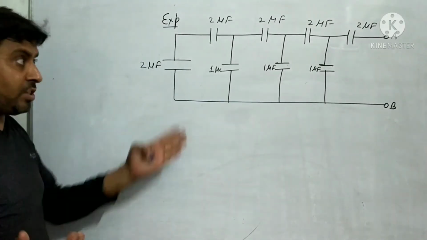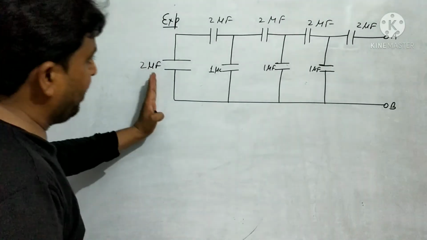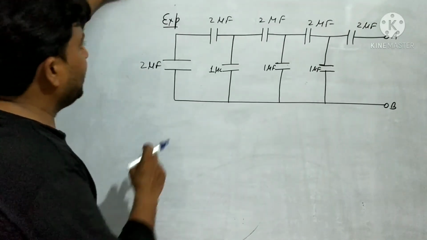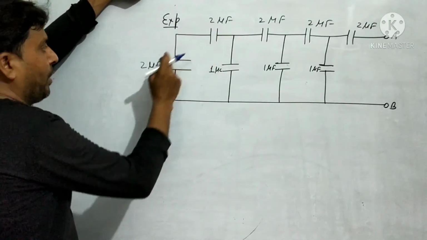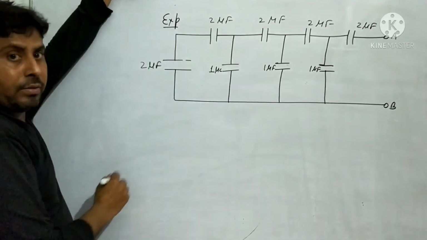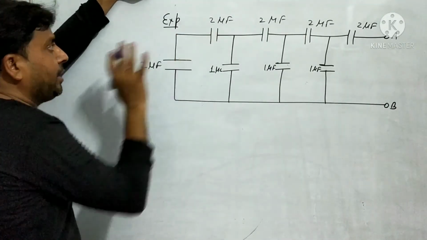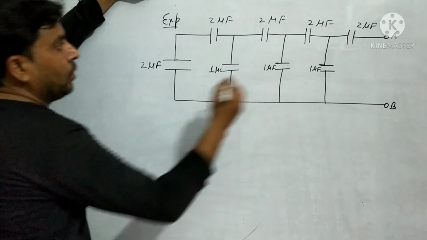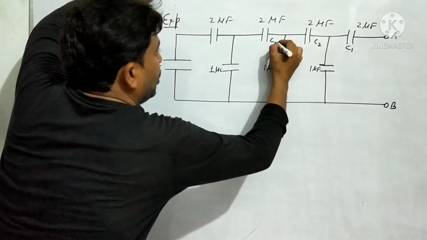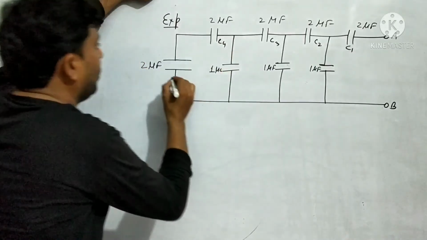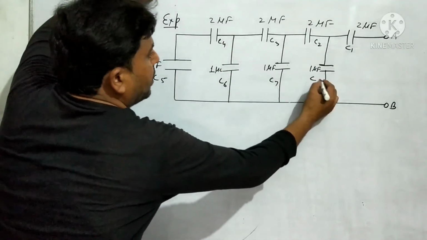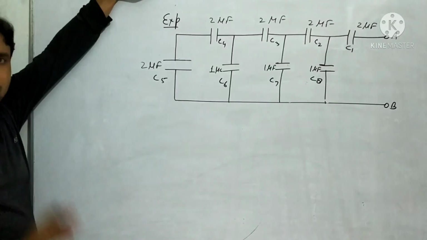Initially, such a type of combination always starts from here. Always. So please, 2 microfarad and 2 microfarad, these two are connected with the same wire. That's why they are in series. C1, C2, C3, C4, C5, C6, C7, C8. Clear?